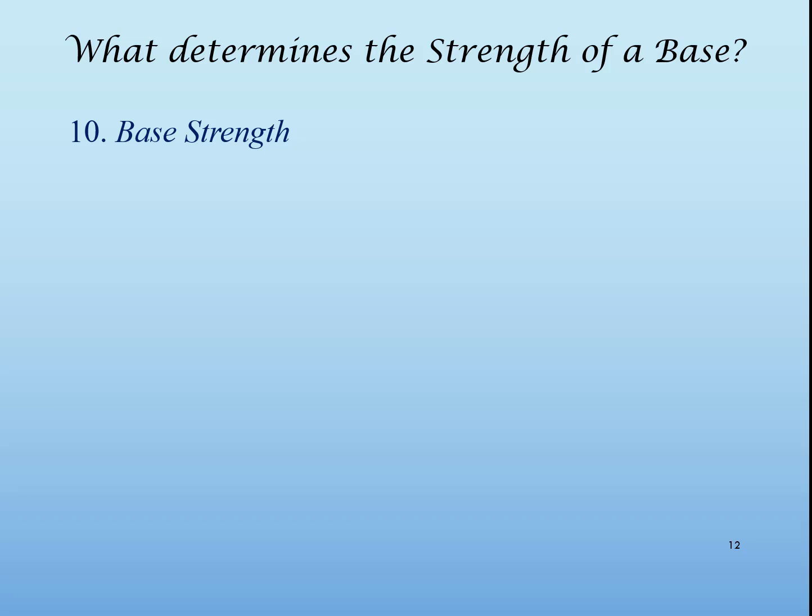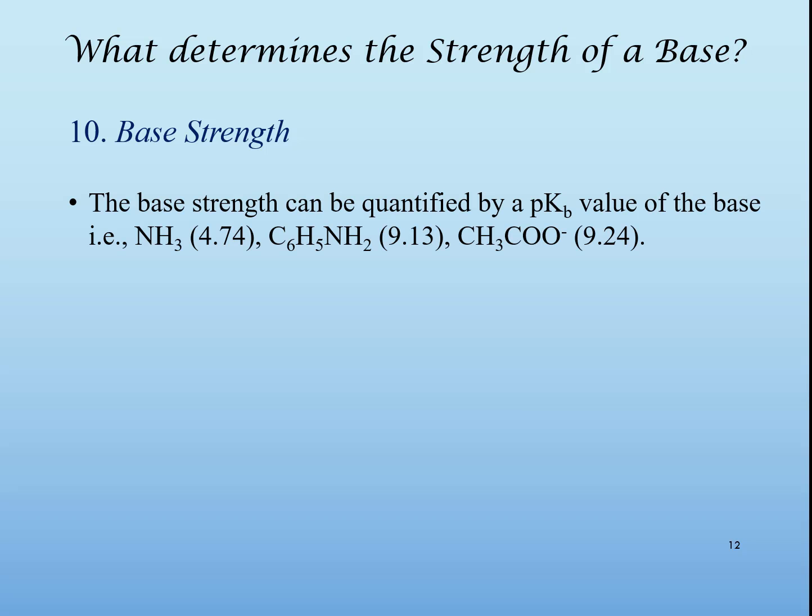If you look at base strengths, we can look at an example like ammonia, aniline, and acetate ion. We see that ammonia is the strongest base, and aniline and the acetate ion are somewhat similar.